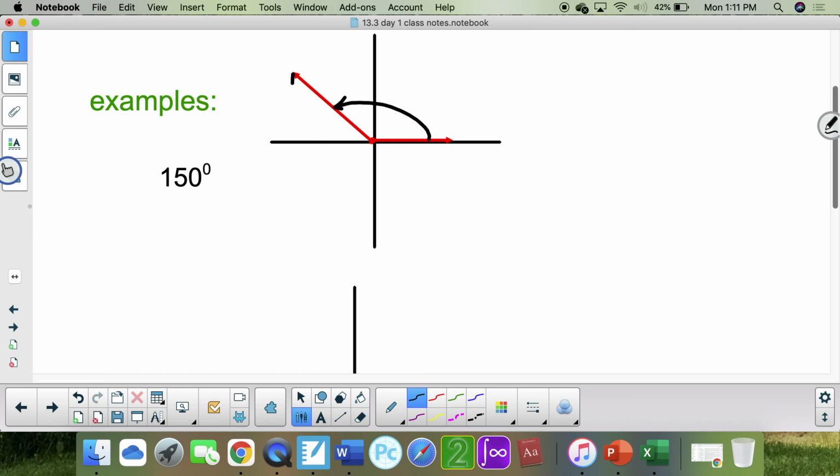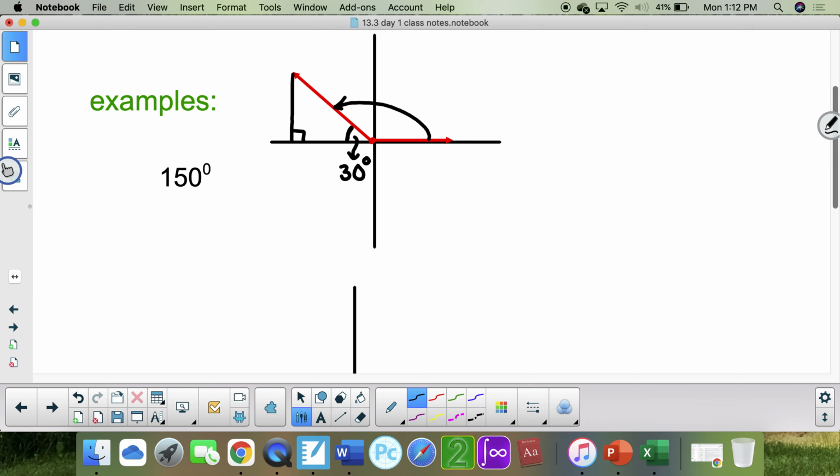Once I make my triangle down to the x-axis, this is called the reference angle, the angle near the origin. And since I want 150 degrees, and I know that this is a straight line, I know that this angle in here is 30 degrees, and that's called the reference angle. It's the angle that makes that right triangle.